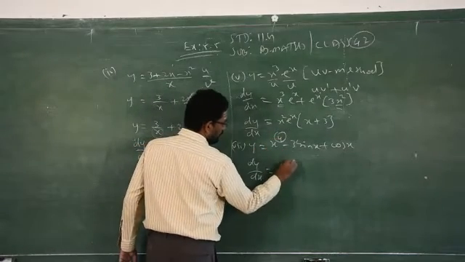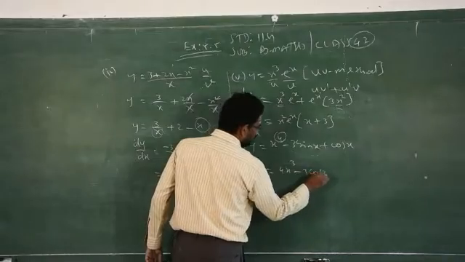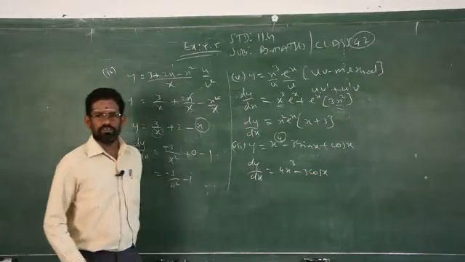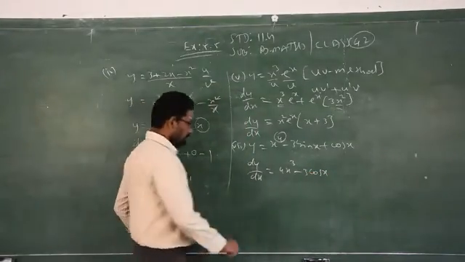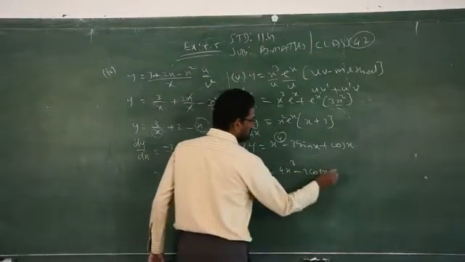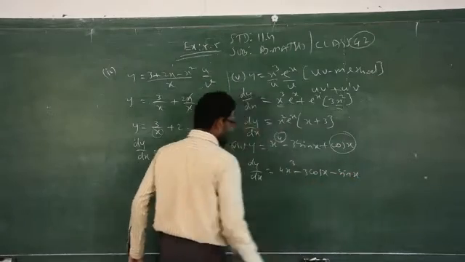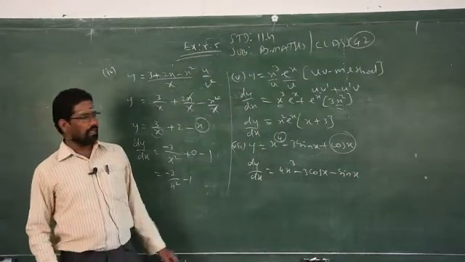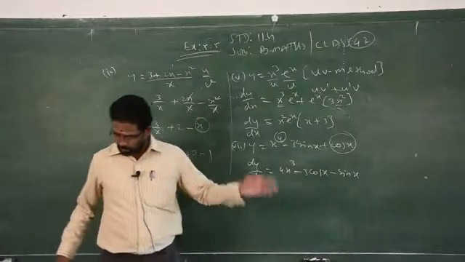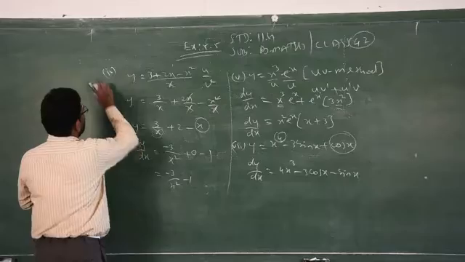Power as a multiplier, reduce 1 in the power to 3, sin x becomes cos x. The differentiation of sin x is cos x. You have to memorize the formula. Differentiation of sin x is cos x. In the same way, differentiation of cos x is minus sin x. That's all. You cannot simplify because all the three terms are unlike terms. You don't go for addition or subtraction.